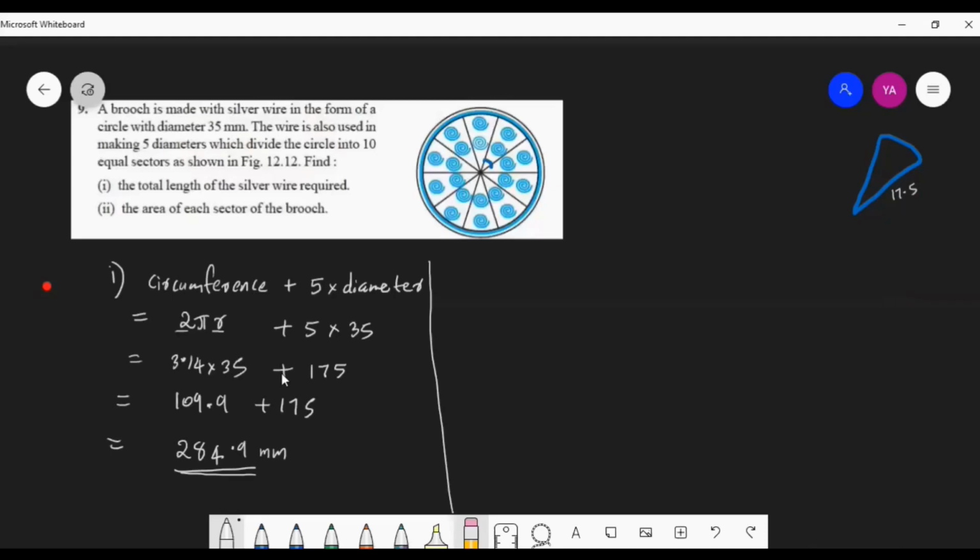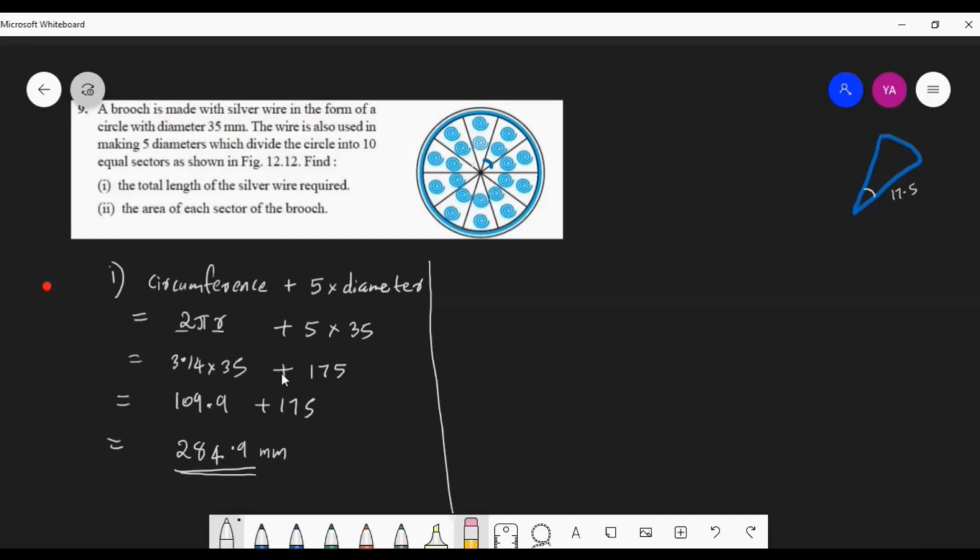That is also fine. Then there may be some chance to cancel from numerator and denominator when we apply the formula. So what will be the angle of the sector? A total of 5 diameters we have drawn, so there will be 10 small sectors.